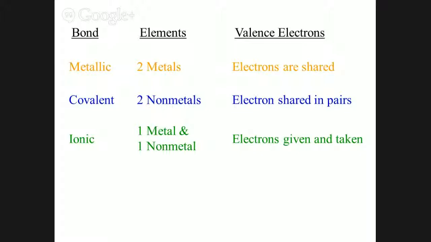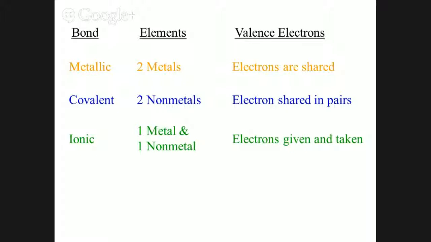We also have to worry about valence electrons. Okay, metallic, valence electrons that are shared in that sea of electrons. They don't belong to any one atom. Covalent, which form molecular compounds, are shared in pairs. Could be single, double, or triple, but still shared in pairs, kind of locked in place. Don't really conduct electricity well. And then ionic compounds form ions. The electrons are given and taken.